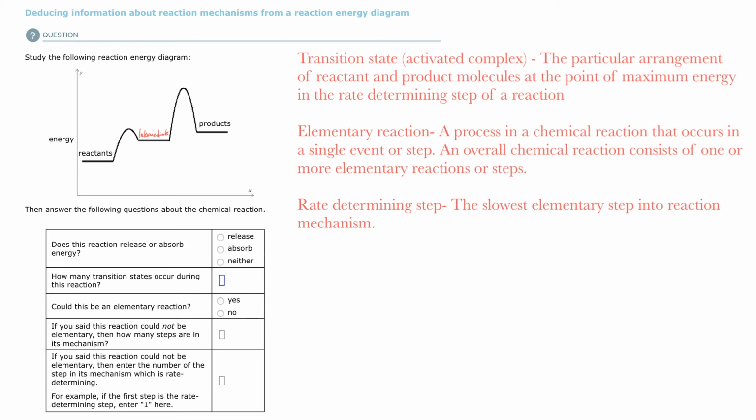That's what they're asking. Whichever one is more energy will be the least likely to happen and the slowest of the steps. My guess is it would be number 2. This is higher in energy, so this would be your rate determining step. This one is easier in energy, so you're more likely for it to happen. And this is slower. It's less likely to happen.